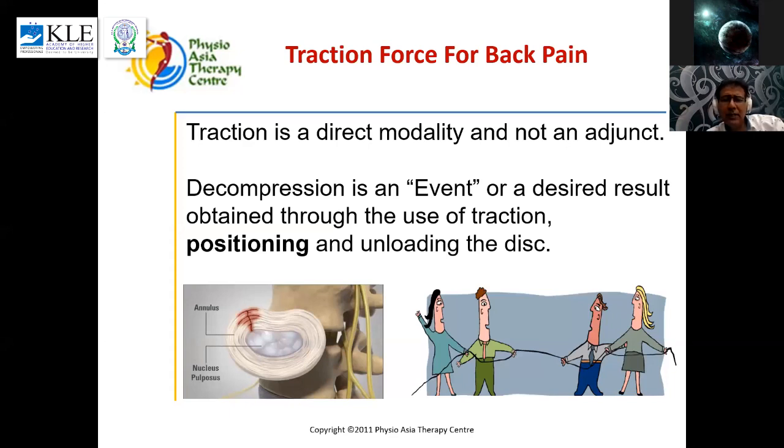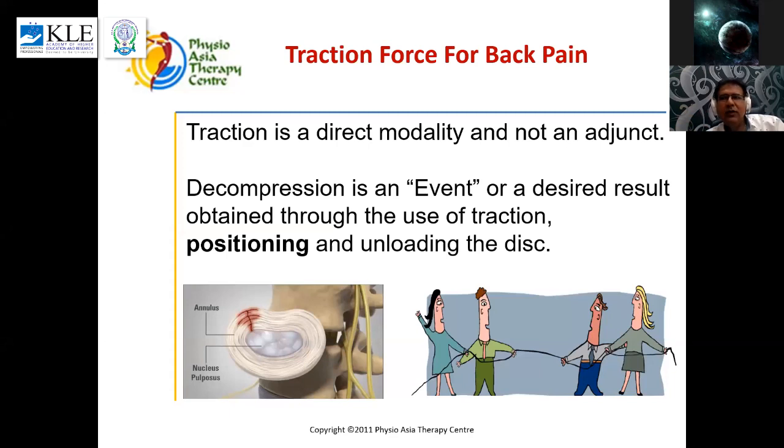So traction is a direct modality. It's not an adjunct. If you're using techniques or technologies like TENS machines or interferential current, or you're using laser, yes, they will be working on the tissues, but they will not be able to create any type of decompressive effect.